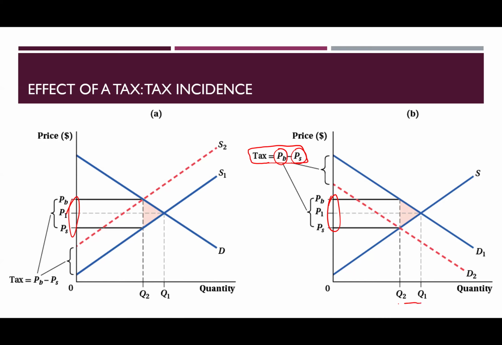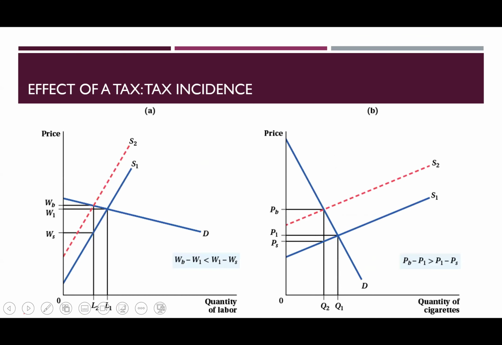That difference in price, because it's the same, elicits the same reduction in quantity traded in both graphs. And so deadweight loss is going to be the same. The revenue generated for the government is going to be the same. Consumer surplus and producer surplus are going to be the same. All of our outcomes of interest are the same, regardless of who legally has to pay the tax.